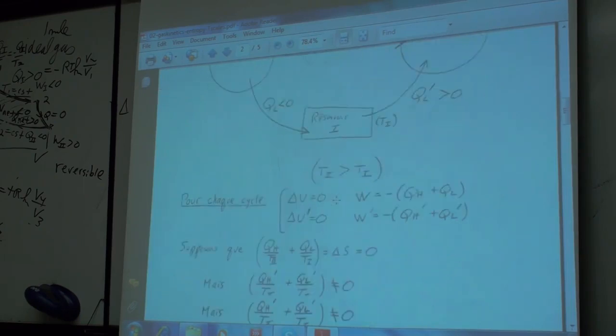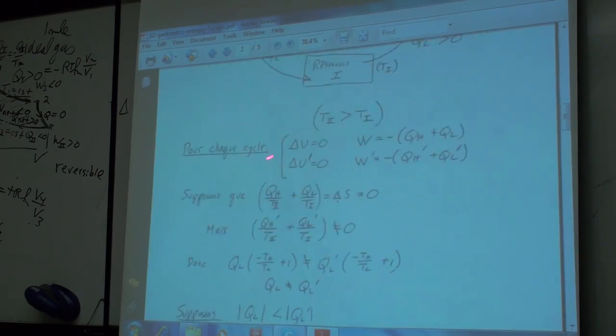So what he does is for each cycle, delta U is 0, so the work is QH minus QL. You can read this through. Suppose that QH over T2 plus QL over T1 is equal to 0 for the heat engine, the machine, this equation applies, delta S is 0, but for the refrigerator, which is a backwards heat engine with a different fluid, it's not the case.